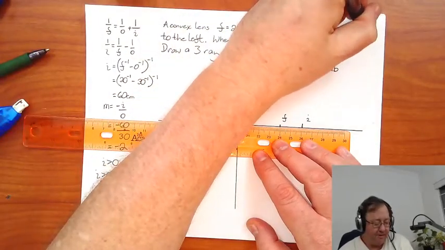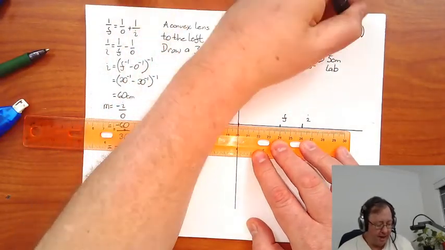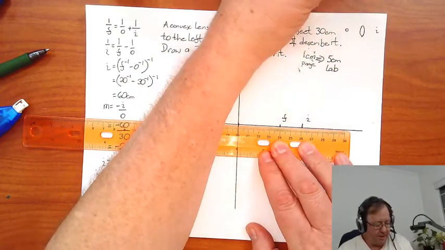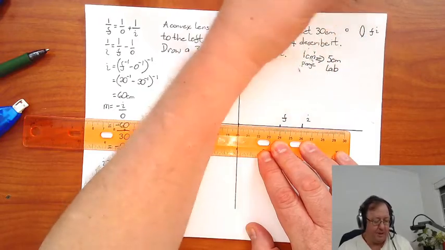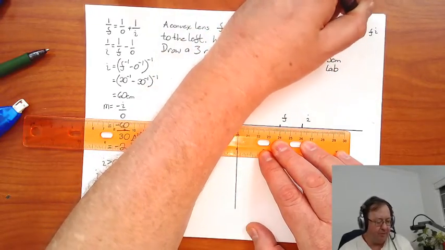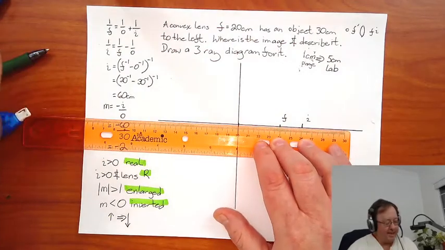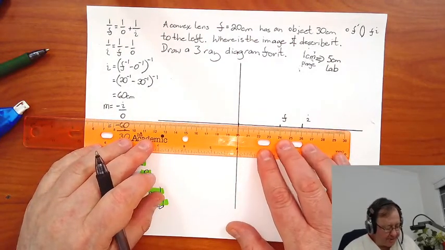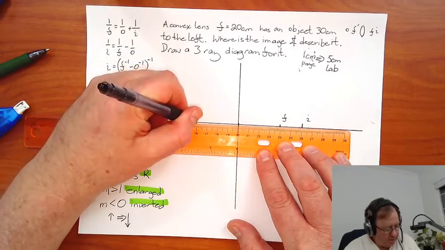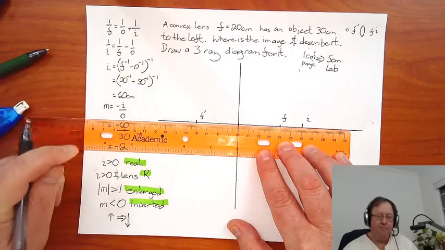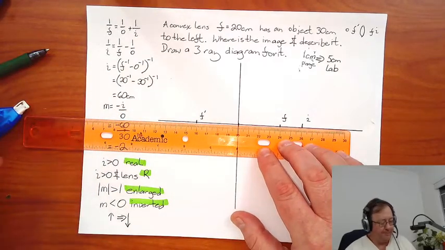So you're going to have the convex lens, you're going to have the object over here, you have the image over here, you have the focal point, and then on the left side, we have what I call the antifocal point. It's a reference point, and it's on the opposite side of the regular focal point.